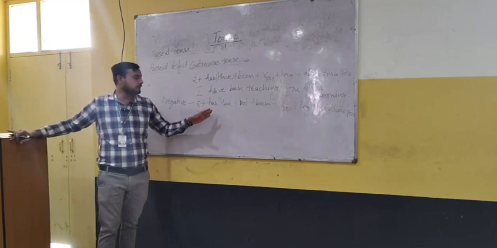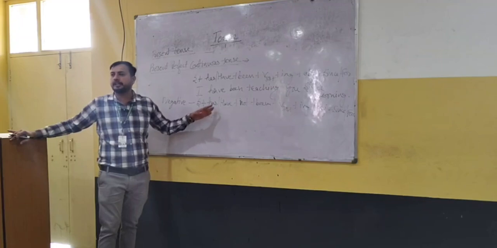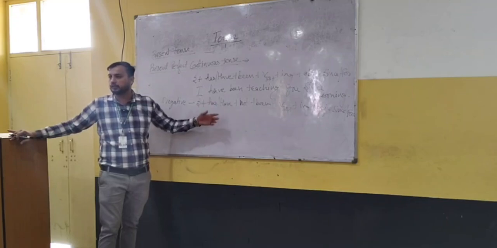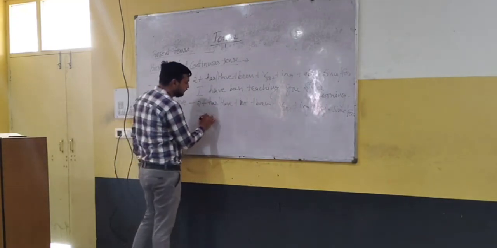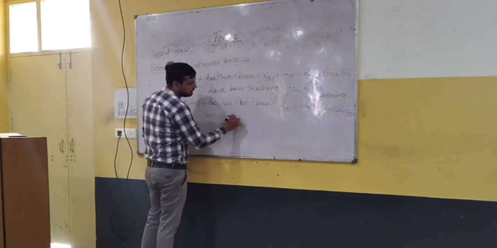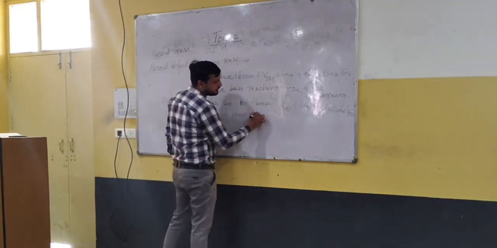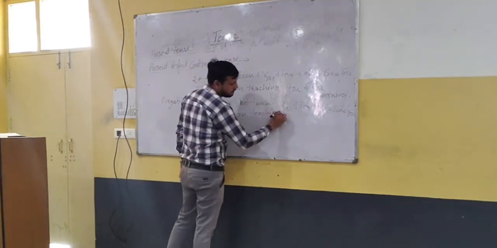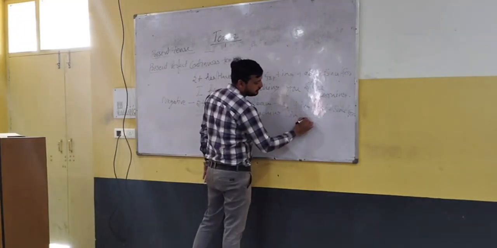Which pronouns are used with has? He, she, it, any name, and singular noun. Clear? And with have: I, we, you, they, any plural noun. So, I have not been teaching you since morning.